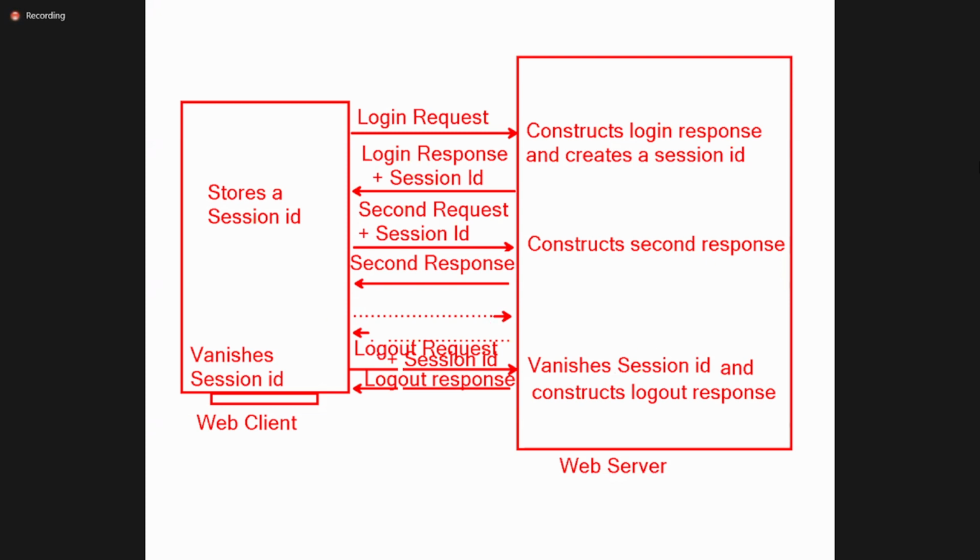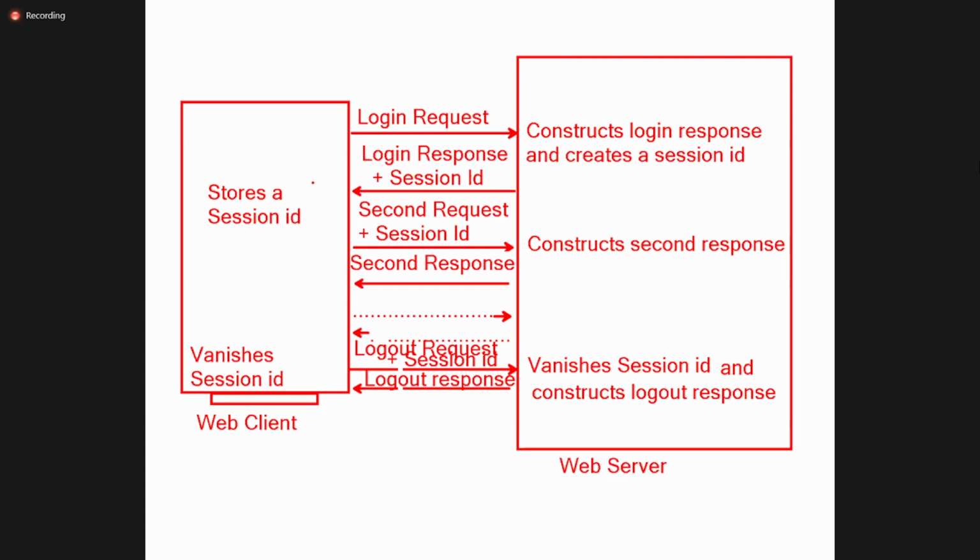Now, in this, is the server sending the session ID to the client system one time or many times? In this diagram, how many times is the server sending the session ID to the client system? One time only. Here, login response plus session ID comes only this time.